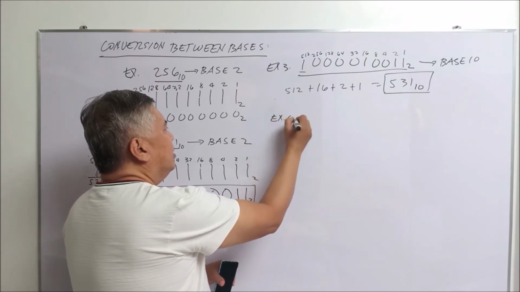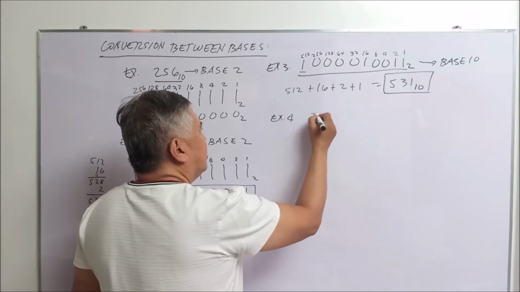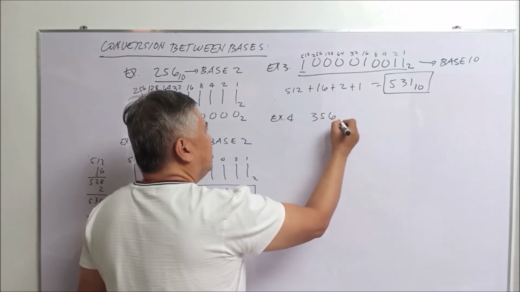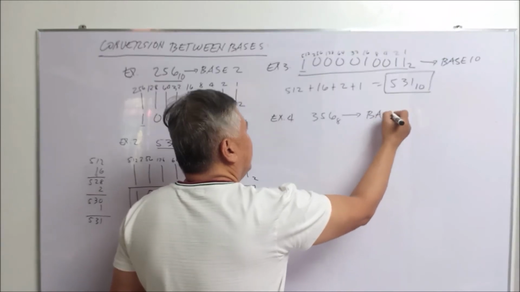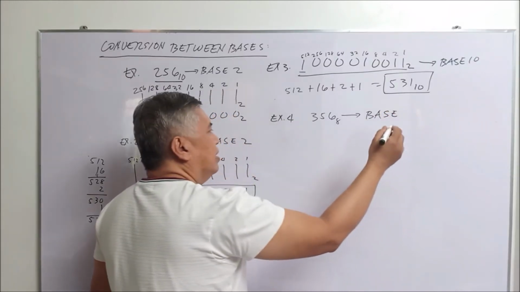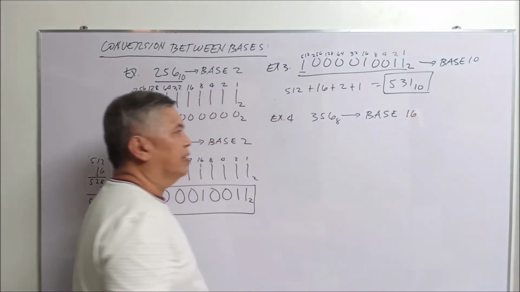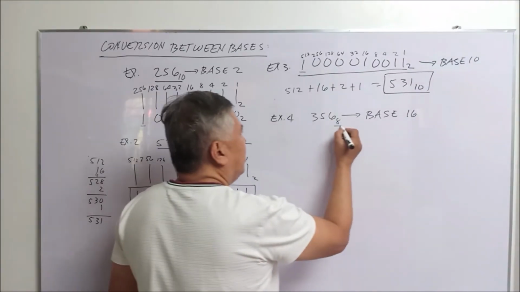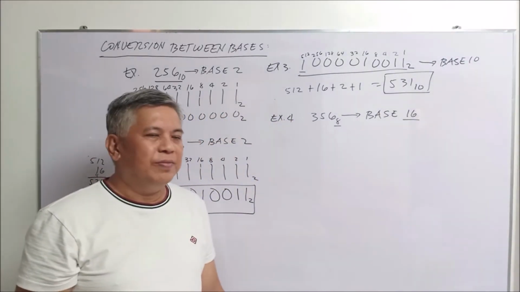Let's say you have an octal number, say 3, 5, 6 of base 8. We want this converted to base, let's say base 16. Okay? From octal to hexadecimal number.